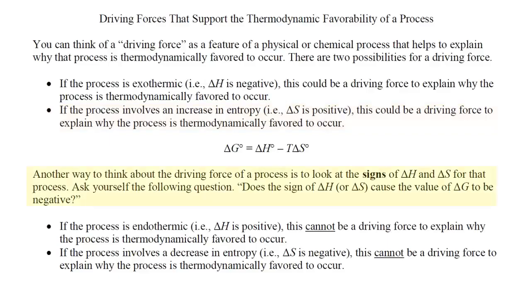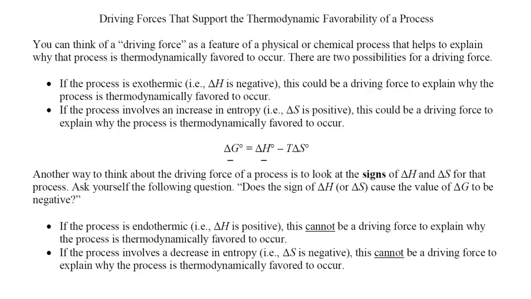And another way to think about the driving force of a process is to look at the signs of delta H and delta S for that process and ask yourself the following question. Does the sign of delta H or delta S cause the value of delta G to be negative? So a negative delta G indicates that the process is thermodynamically favored.